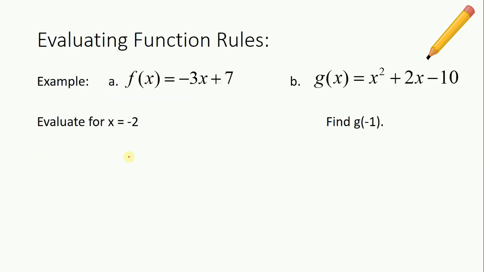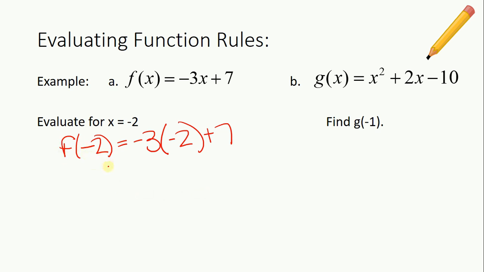So, let's practice with function notation. First, I got f of x equals -3x plus 7. I need to evaluate x equals -2. So, what I'm going to do, for each x, I'm going to plug in a -2. So, f of -2 equals -3 times -2 plus 7.